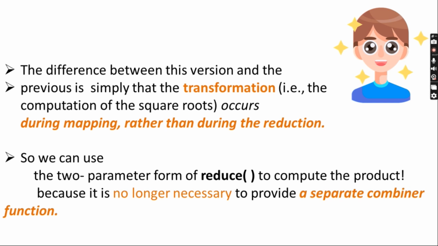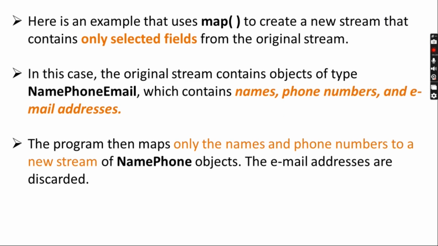The difference is that transformation occurs during mapping rather than during the reduction operation. So rather than using the combiner function version of reduce, we can directly use the two-parameter format of reduce, like we have seen in the previous session. There are two formats: one using a combiner to combine the product, and the two-parameter format of reduce. No need to combine.